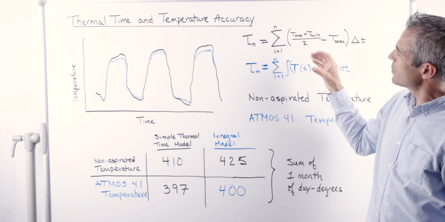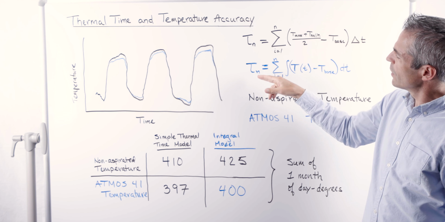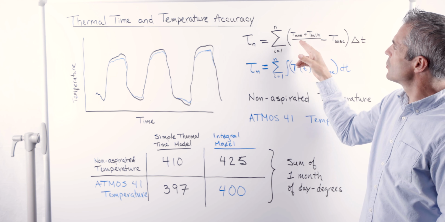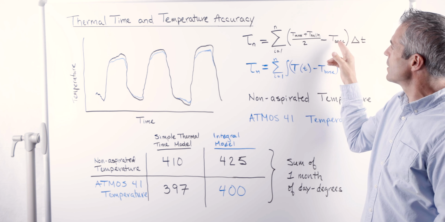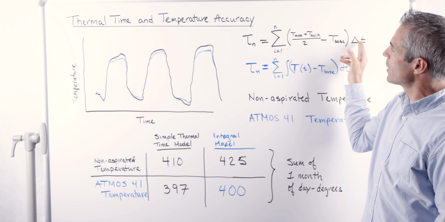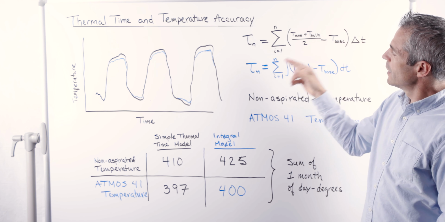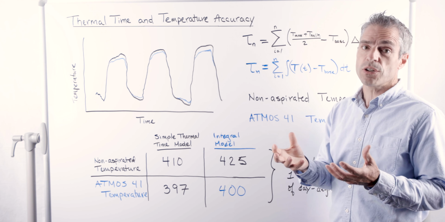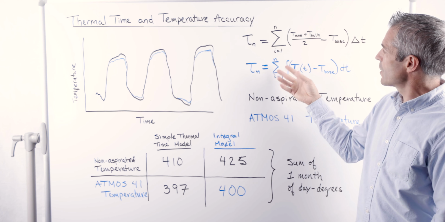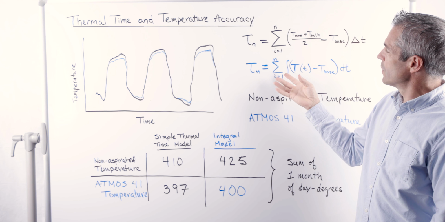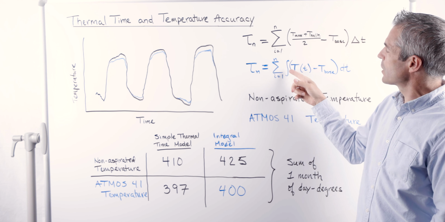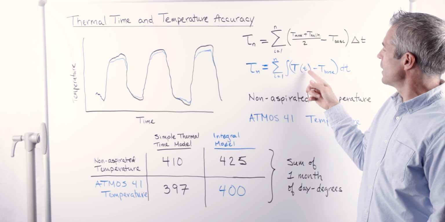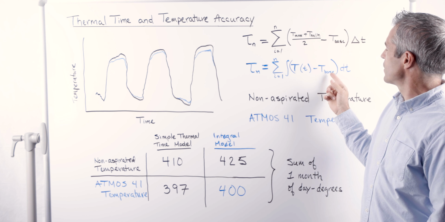So I introduced in another chalk top a couple of different ways of measuring thermal time. One was just summing the average minus the base temperature multiplied by the time step, which is a day. And the other would be what I thought was a more accurate way of doing it, where we sum each day the thermal time, but we calculate the thermal time using an integral of the temperature at some time t minus the base temperature.